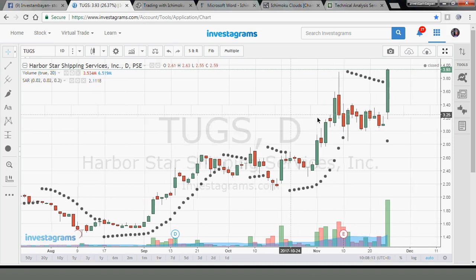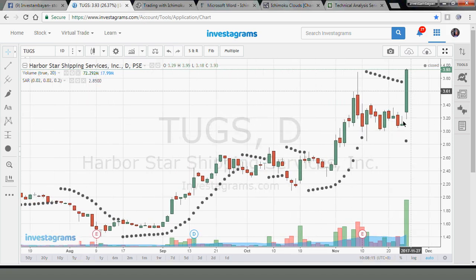As we can see here, nabili ko to, nakasakay ako yesterday. This is a perfect example of when to buy this particular stock. Nasa first lower parabolic kasi magpapakita lang to kung kailan mo talaga siya pwedeng bilhin, na hey, bumili ka na nito kasi it's time to ride.